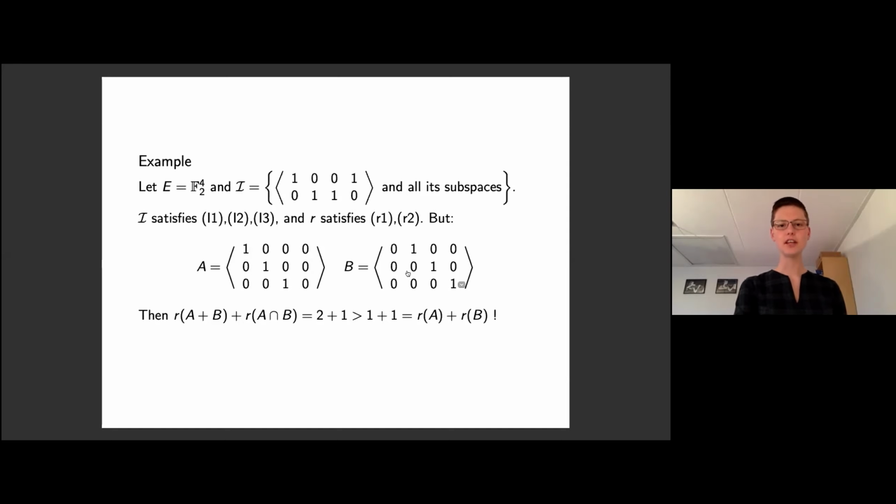If I take the intersection between A and B, I see that the last two rows of A and the first two generator rows of B are the same. So what do I get? Inside, I get the vector 1, 0, 0, 1, which is independent. We don't have something bigger that is independent. So we see that the intersection of A and B actually has rank 1.